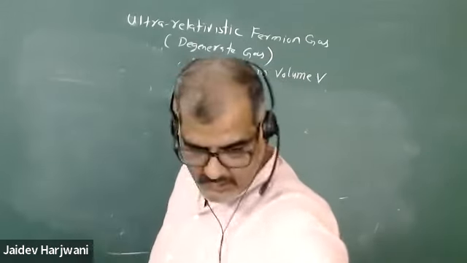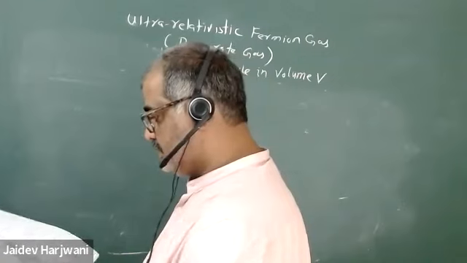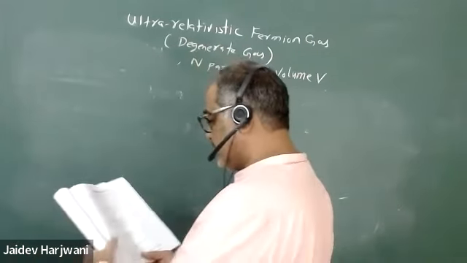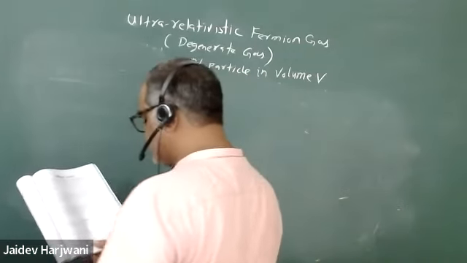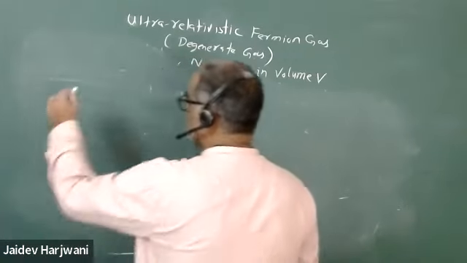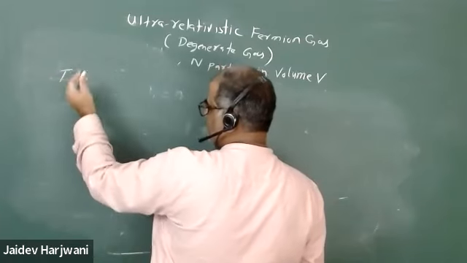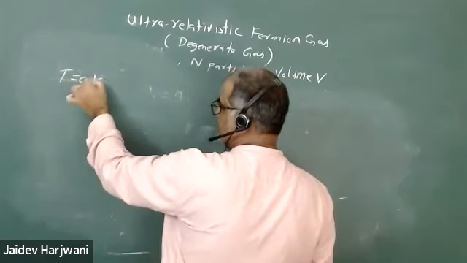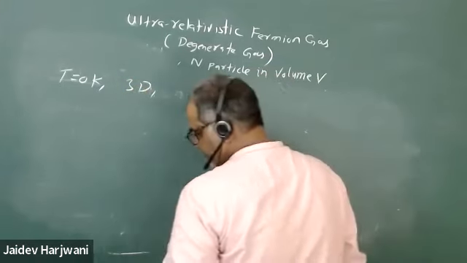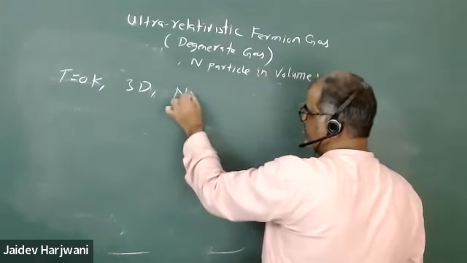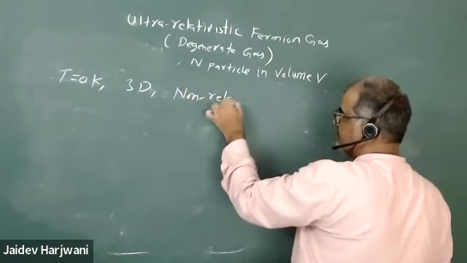So they say an ideal gas of non-relativistic fermions in 3 dimensions is at 0 Kelvin. So they are asking T equal to 0 Kelvin. You have to always see the temperature and the dimension. They said 3D, and you have to see whether it is relativistic or non-relativistic. They say it is non-relativistic.